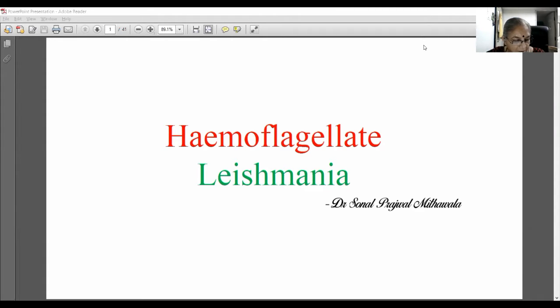That is, it belongs to the class Zoomastigophora, and the species are seen as hemoflagellates. Among hemoflagellates, we have already learned Trypanosoma brucei and cruzi. Now we are seeing the third one, that is Leishmania.